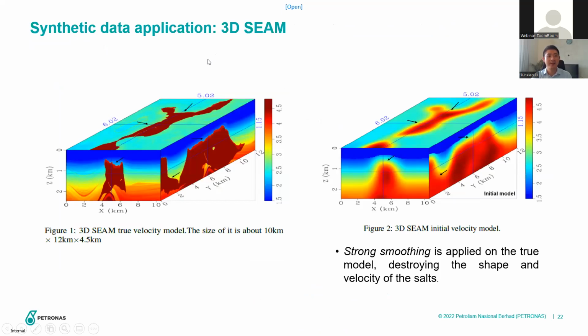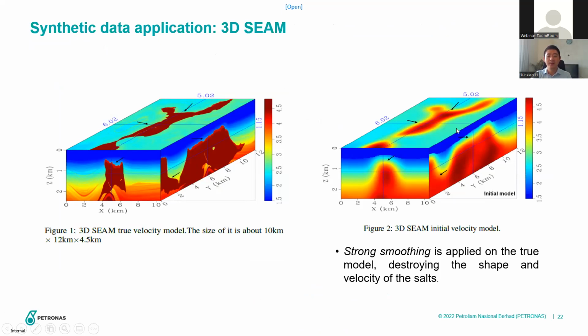So here is the application on the same subsalt velocity model for the 3D anisotropic FWI. On the left-hand side, we can see the true SEAM velocity model, and the right-hand side shows the initial velocity model that is based on the AI velocity model building.